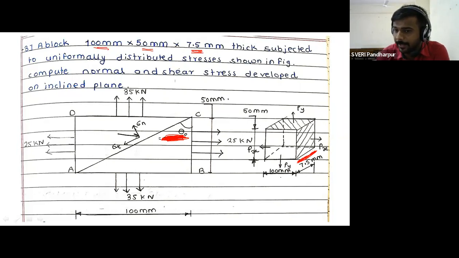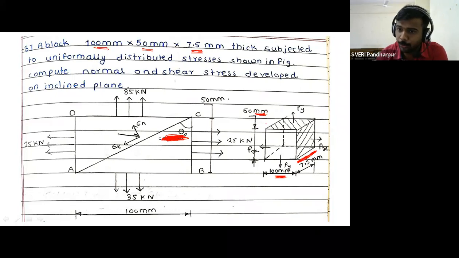This is the 100 mm length and this 50 mm is given as the vertical dimension. In the three-dimensional body, the horizontal dimension is the length of the body, the inclined dimension is what they have considered as thickness, and the vertical dimension they have considered as 50 mm.